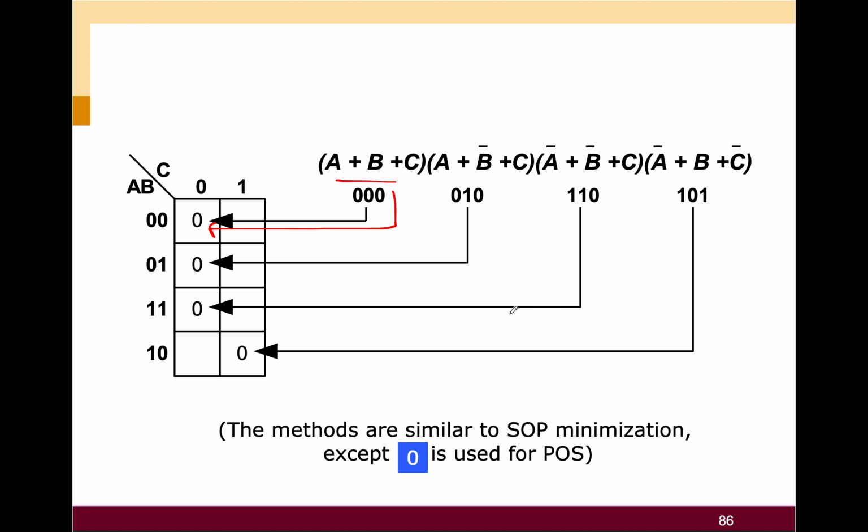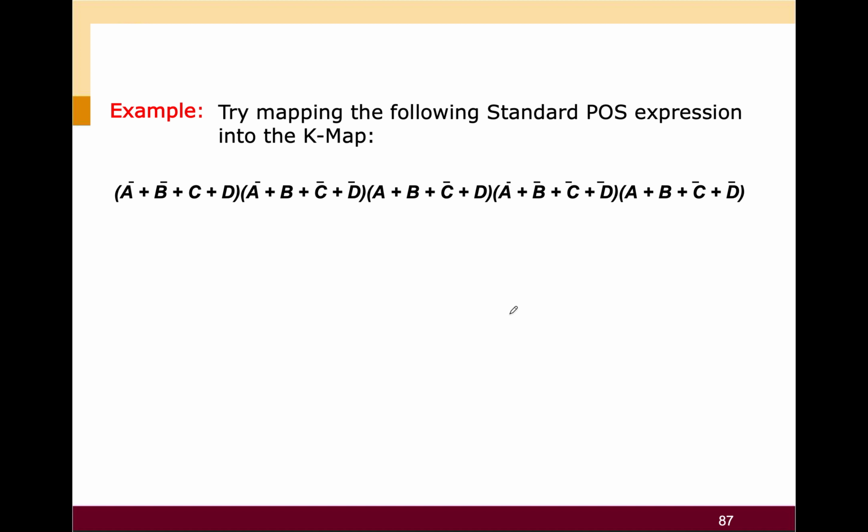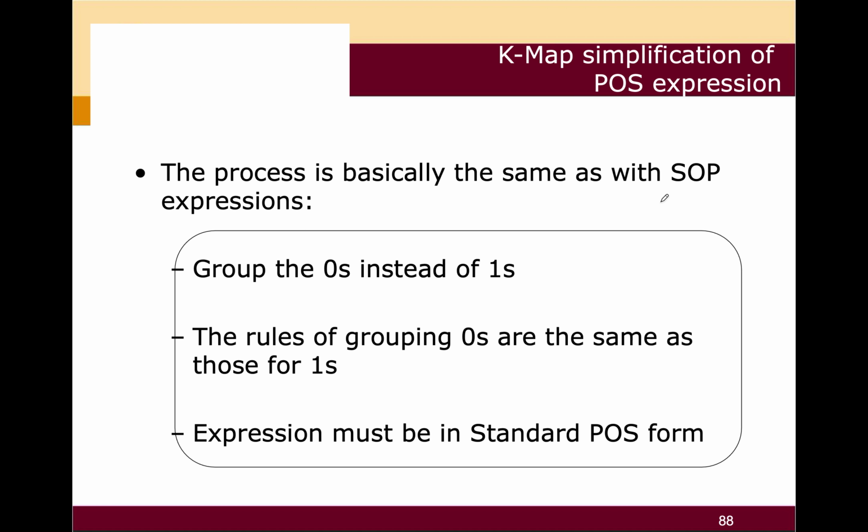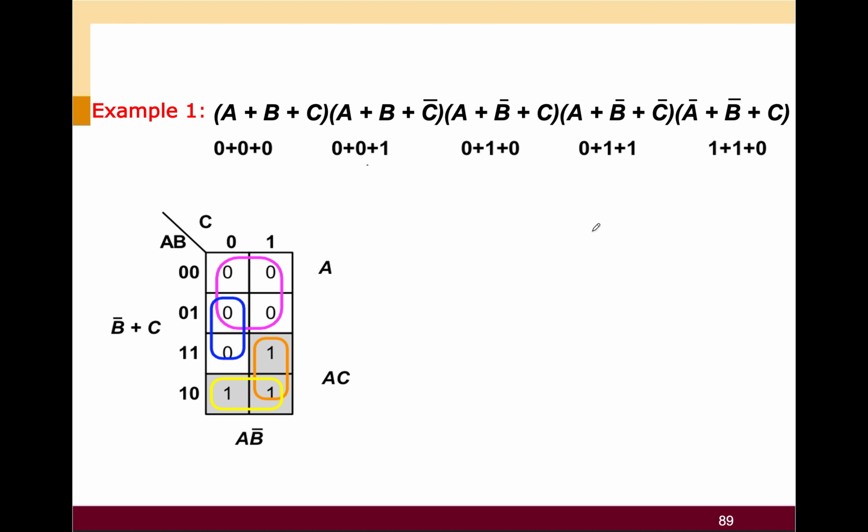Just vice versa, the output will be 0. Like this is another example, you put 0 for each term. After that, you simplify the POS expressions, grouping the 0s instead of the 1s. See, it's grouping as 0.